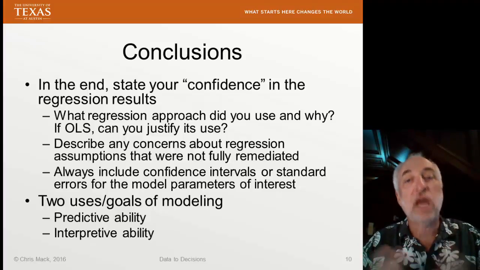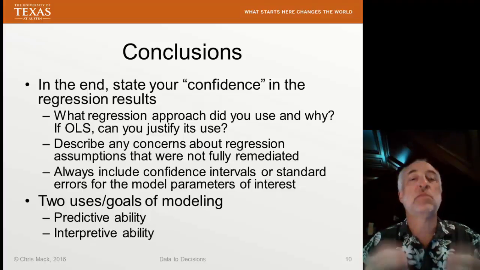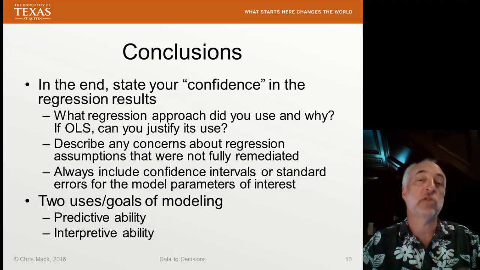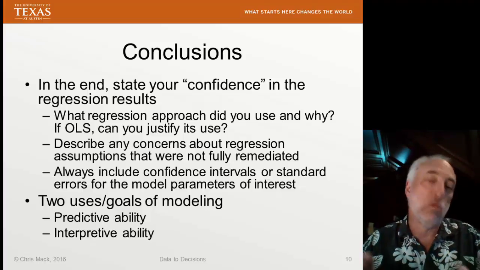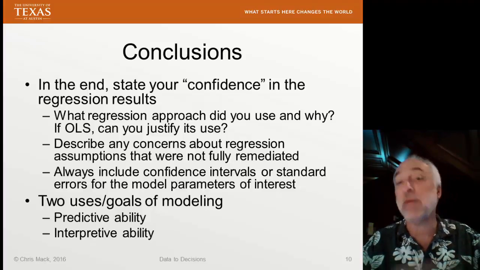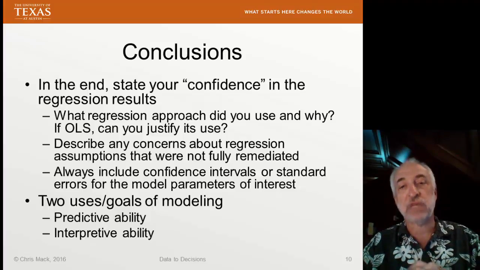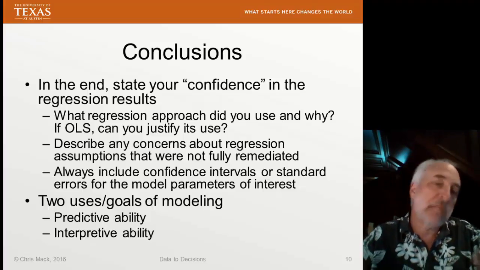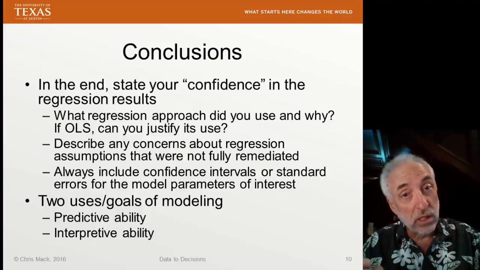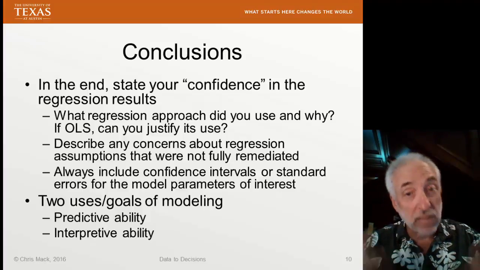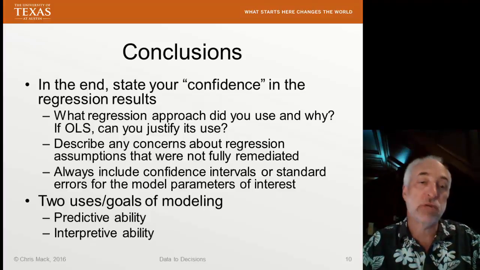And finally, every time you present a model result, you need to present confidence intervals or standard errors for each of the model parameters. Sometimes you might be only interested in one of the parameters, the slope, let's say, and so maybe you'll only present the confidence intervals for the slope, not the intercept, but that depends on the circumstances. If you're going to make predictions using the model, you also need to add confidence intervals around your predictions.